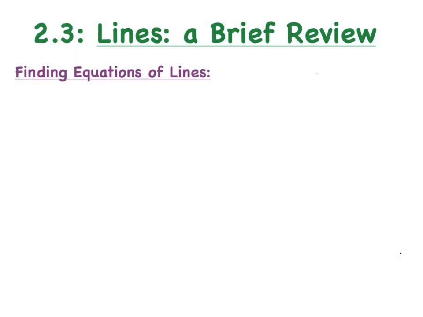We'll finish our discussion of lines with finding equations of lines. And I already discussed one of the formulas that I'd like you to use when you're finding slope at the beginning. I'll write that down in a second. But the main equation I want you to use when you're finding equations of lines is what we call the point slope form of a line.